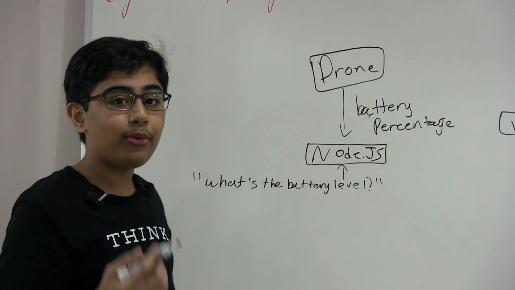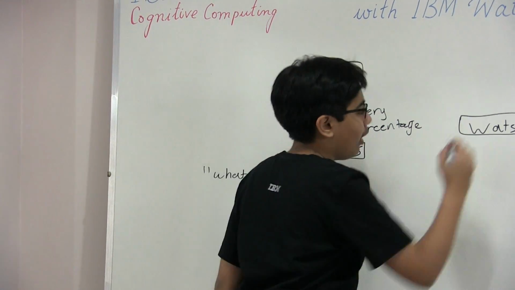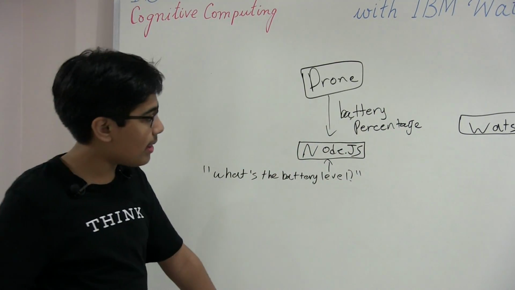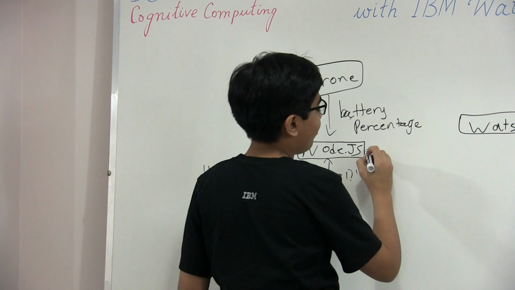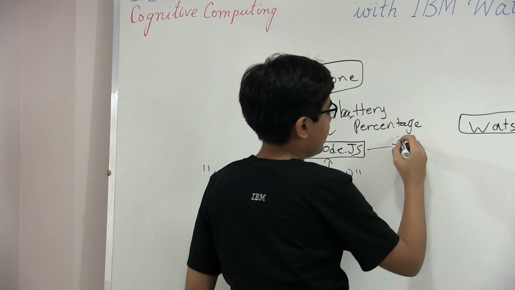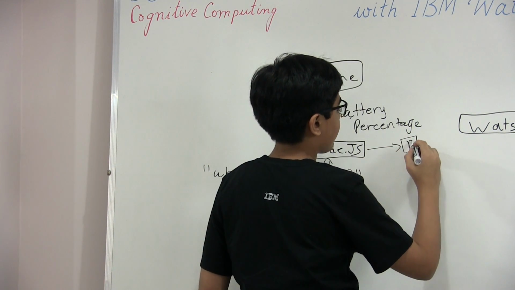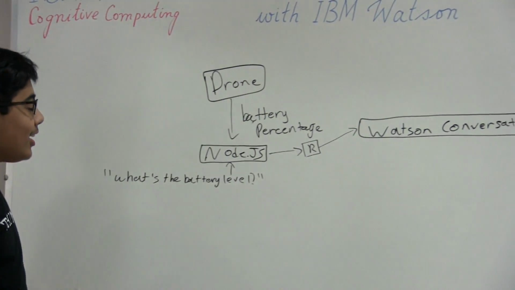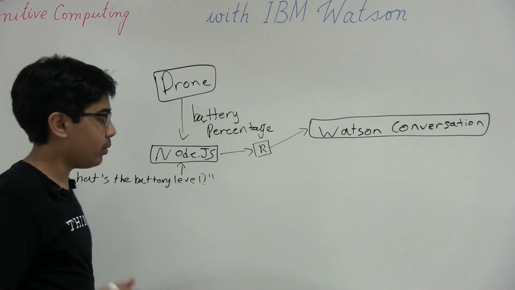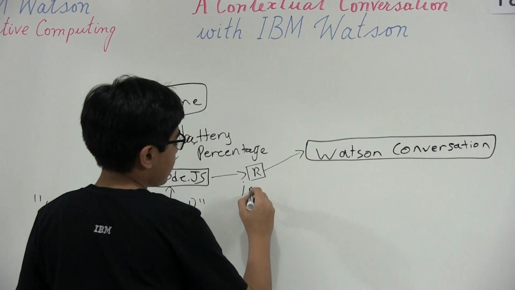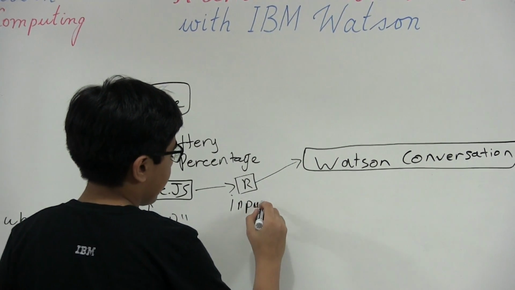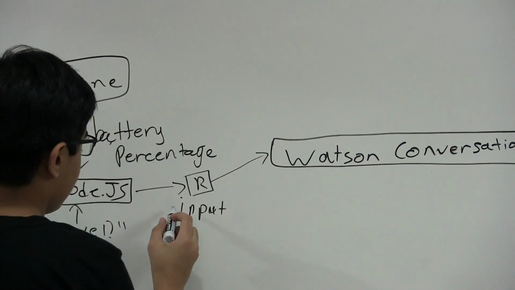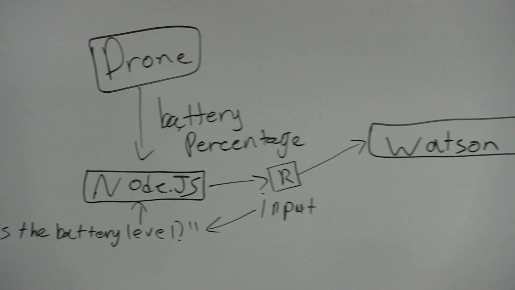What would happen is, before sending the request to IBM Watson, no, it's not just going to do that. What's going to happen is it's going to form a request. And so it'll create this little request, and that request will be sent to Watson conversation. The request contains quite a few things, namely the input, which would be, of course, this string.